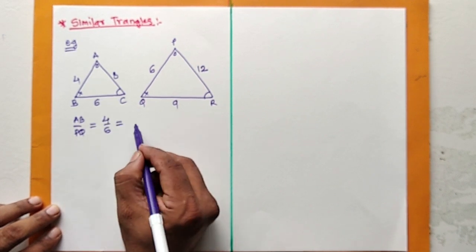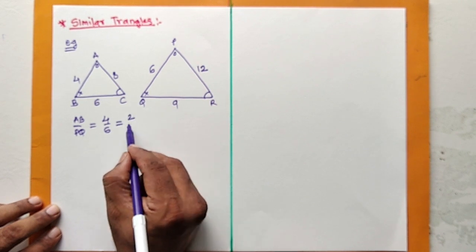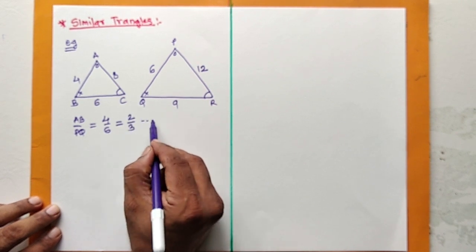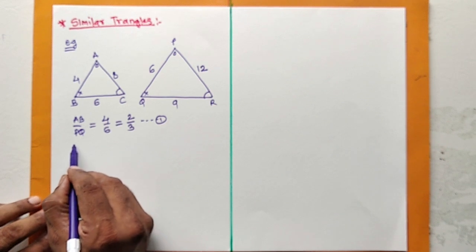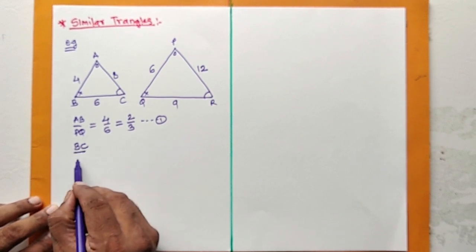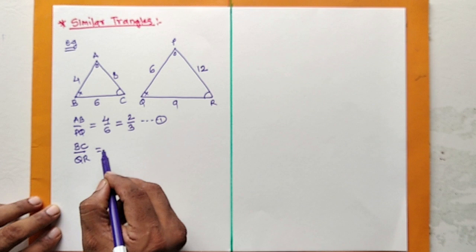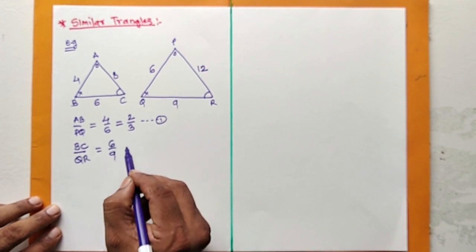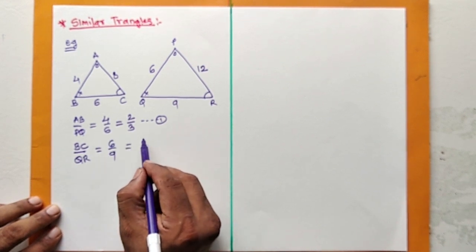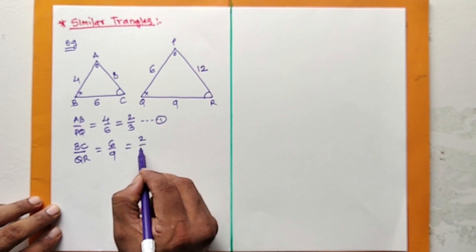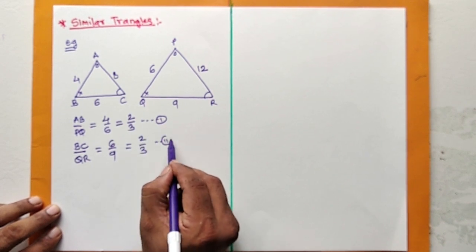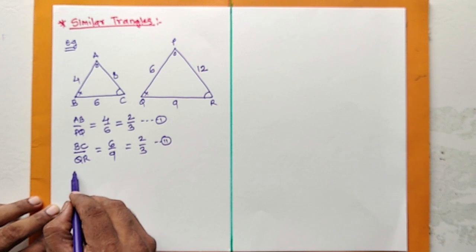Write the ratio in simplest form: 2 twos are 4, 2 threes are 6. Statement number 1. Then BC upon QR, 6 upon 9 is equal to 2 upon 3. Statement number 2.